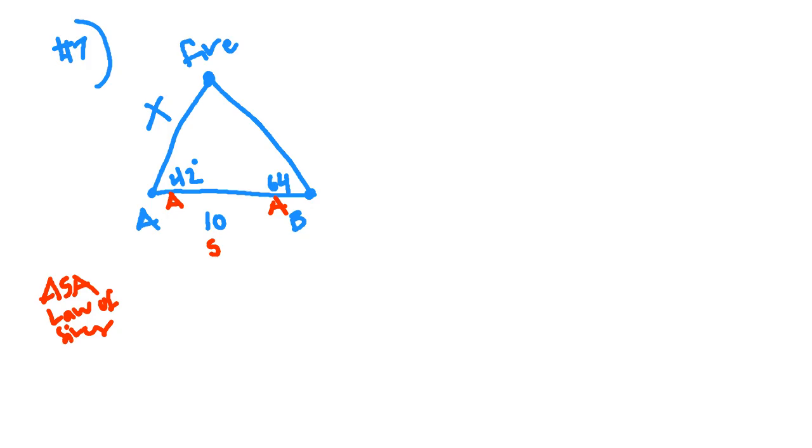This 42 corresponds to side A, this corresponds to side B, and this final angle, let's see what it would be. What's 180 minus 42 minus 64? That would be 74. So this angle is 74 degrees. This is 74, and this will then be C.